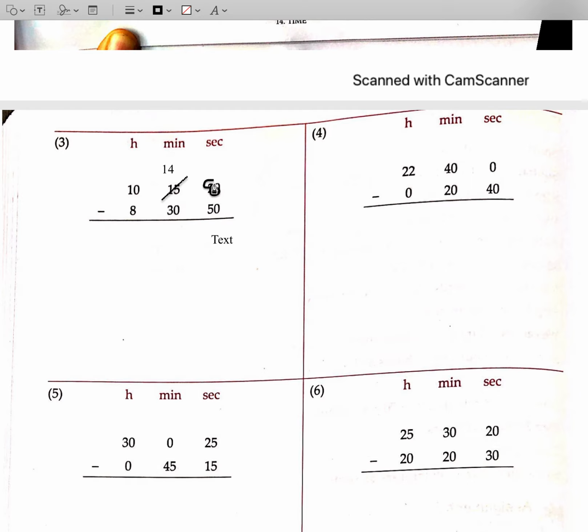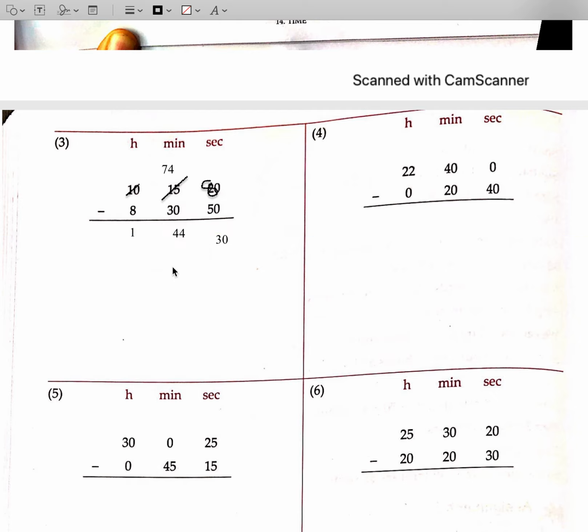So we'll just change this to 8. So 80 minus 50 is equal to 30. Now again, we can't do 14 minus 30, so again we'll have to borrow. So when we add 14 plus 60, it becomes 74. And this will become 9. So 9 minus 8 is equal to 1, as we already know that. And 74 minus 30 is equal to 44.